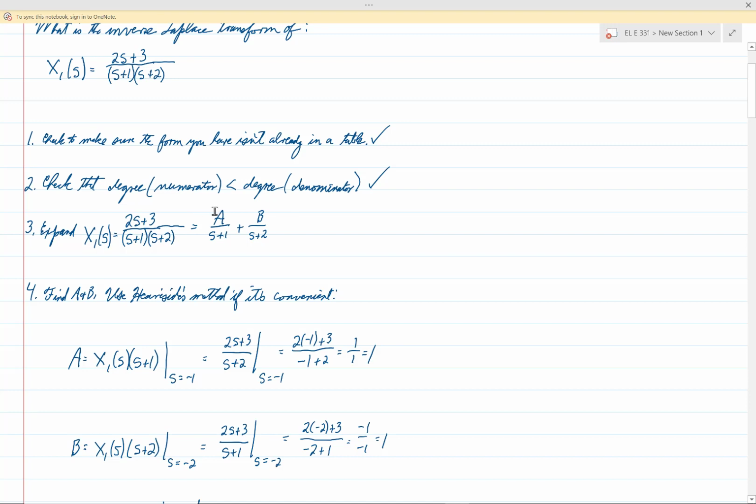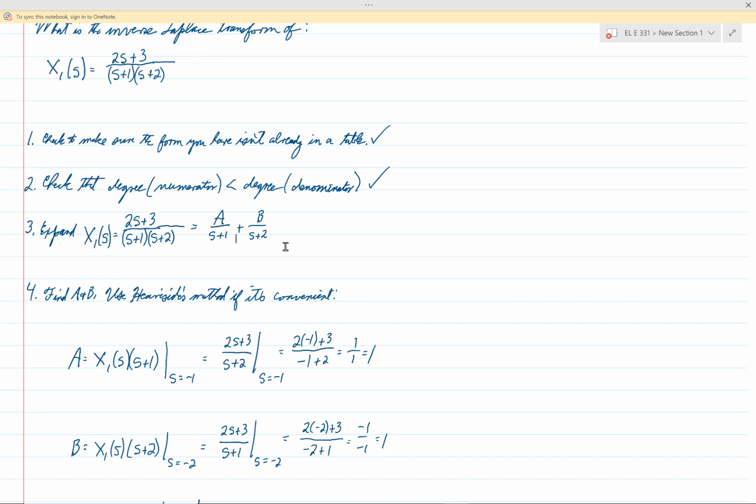Up here you would have s terms and constant terms, and these would have A and B in them, and you would equate those terms to the coefficients over here. Here you have an s term and a constant term. And so when you did this, you would get two equations in the two unknowns A and B, and you would solve for them. And this is a completely legitimate way to go with this problem.